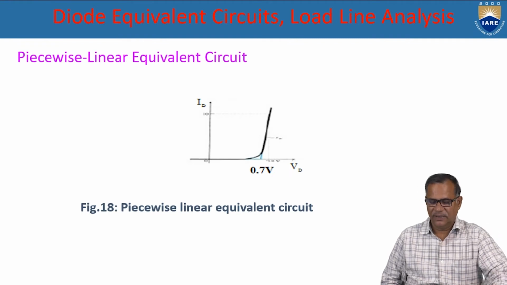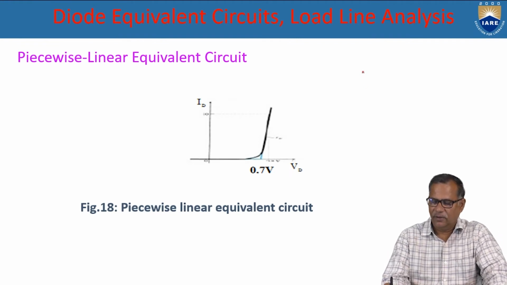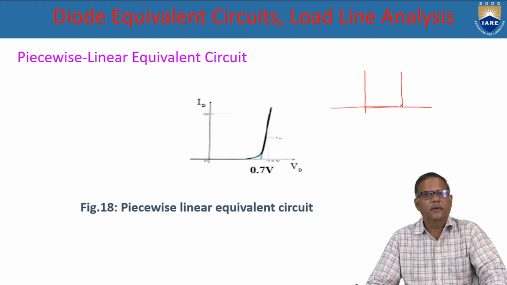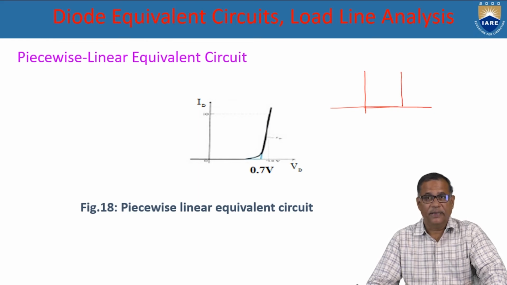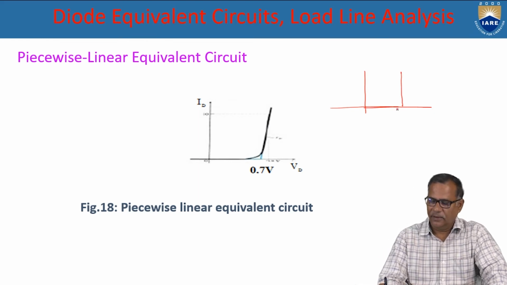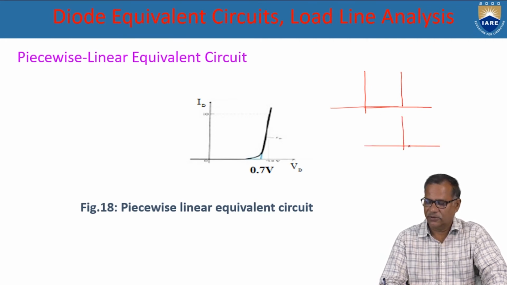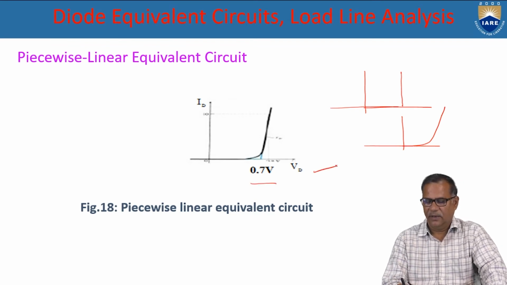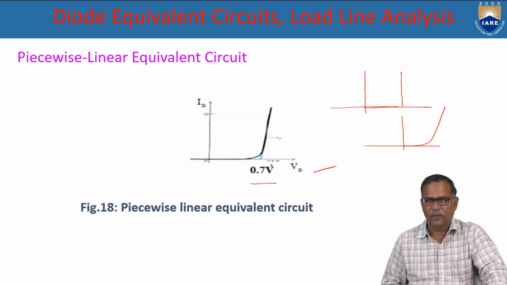We have assumed for simplicity that the characteristic is like this, but the relation between current and voltage is non-linear in a practical diode. It is somewhat curved, as shown in this figure. So the piecewise linear equivalent circuit is like this, and it has some slope.